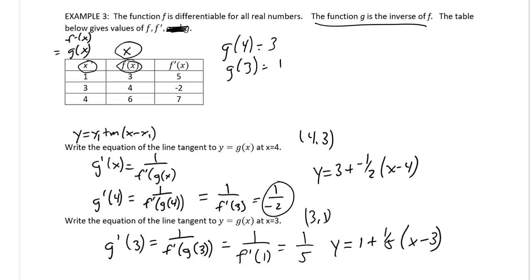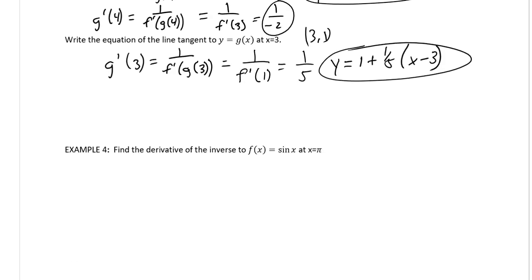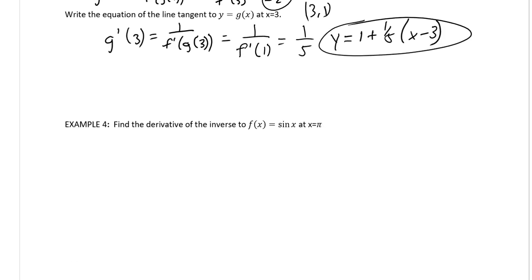Alright. Find the derivative of the inverse of f of x equals sine of x. Well, first of all, let's do f prime, which we know to be cosine. And we want to do it at x equals pi. Okay. We know that the sine of pi is 0. Now, g equals f inverse of x.